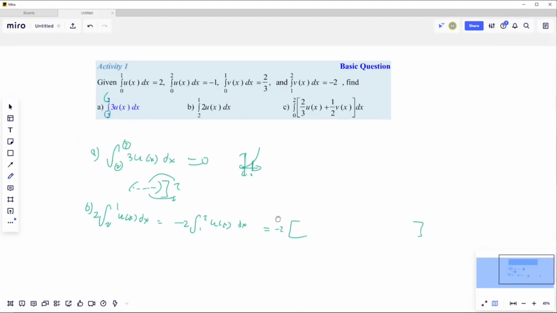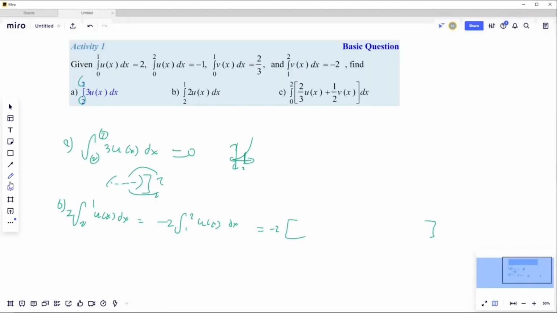For this part, I have a graphical or visual representation. So if you have, let's say, the number line like this, this is 1, this is 2, this is 0. So if you want to cross the path from 1 to 2, you want to go like this, right? But you don't have 1 to 2, you have 0 to 1, you have 0 to 2.